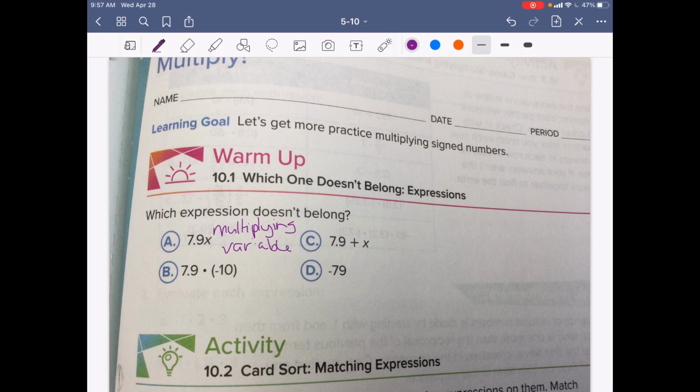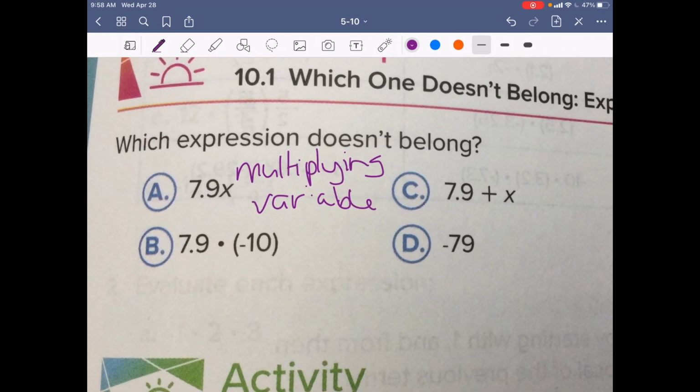If you chose B, 7.9 times negative 10 is the only one with parentheses, or it's the only one that is a product of two known numbers.